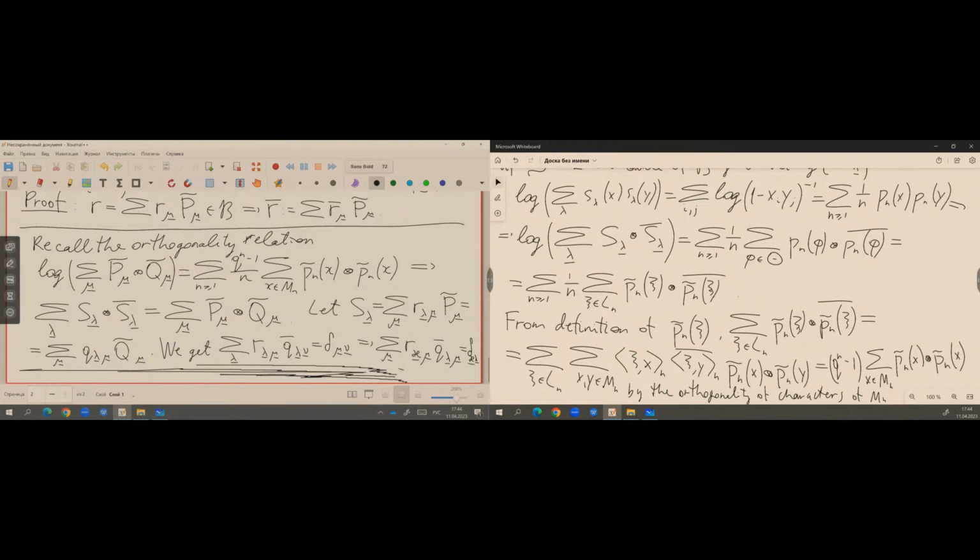Well, and this implies that the scalar product of s_kappa and s_lambda is delta_{kappa lambda}, as desired. Okay.